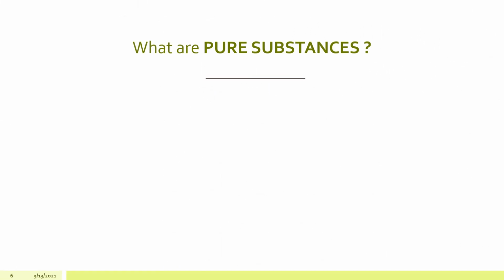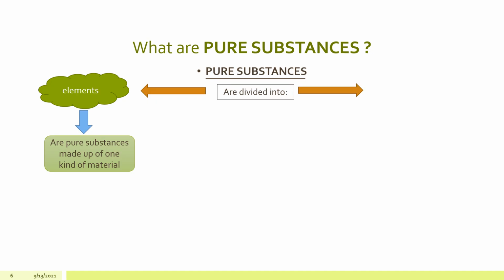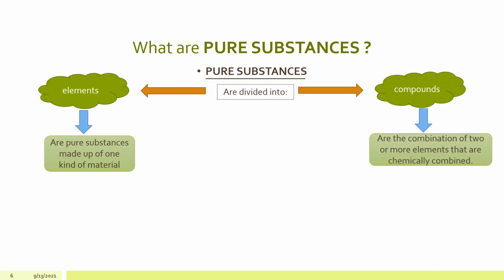What are pure substances? Pure substances are divided into two. We have elements, which are pure substances made up of one kind of material, while compounds are the combination of two or more elements that are chemically combined.